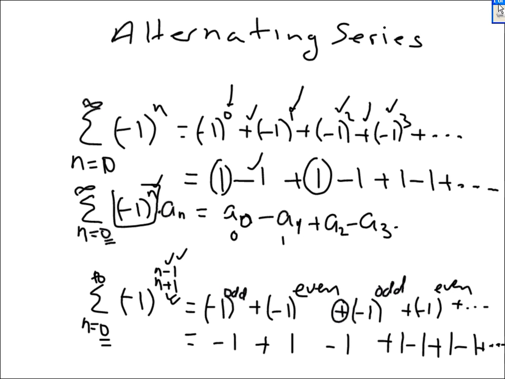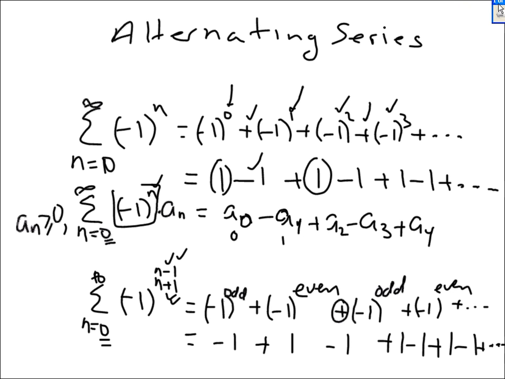What happens is the signs alternate. Assume that the a sub n's are all greater than or equal to 0. But then we're multiplying it by 1 and negative 1 and 1 and negative 1, etc. Multiplying by 1 doesn't do anything. Multiplying by negative 1 changes the sign.